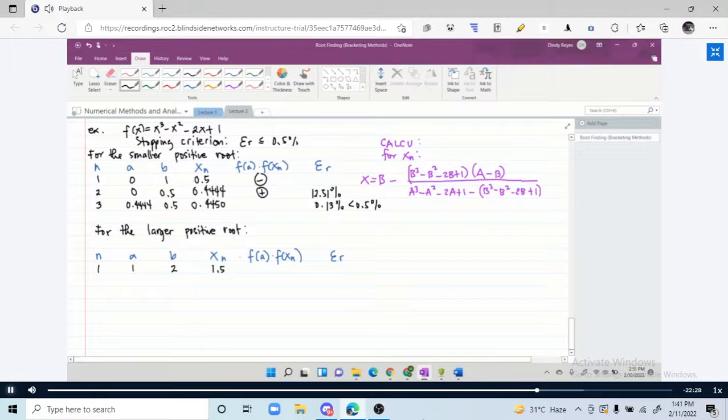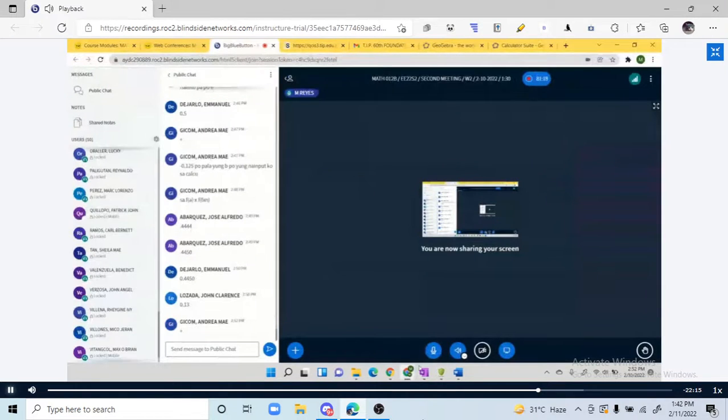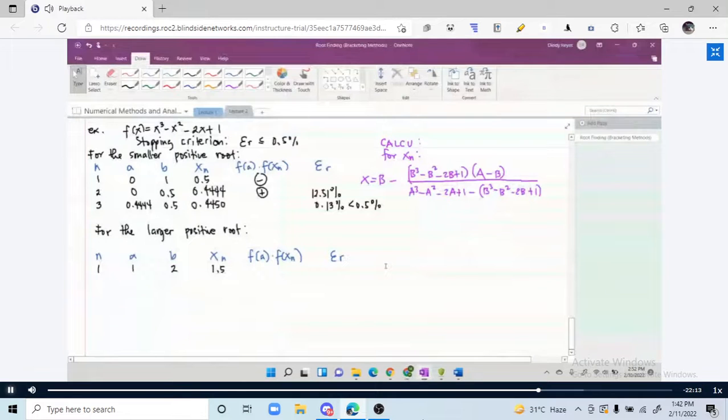Ang lalabas pa rin is 1.5. Okay, so what will be the sign of f of A times f of x sub n if A is 1 and then x sub n is 1.5? Okay, positive. Positive ito.